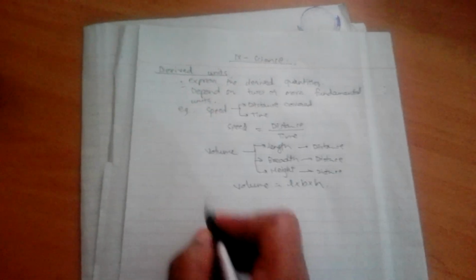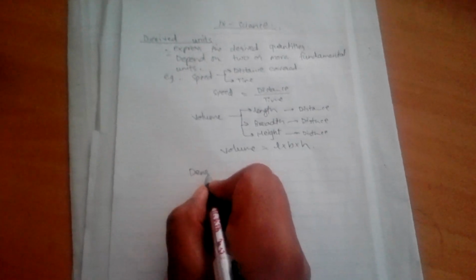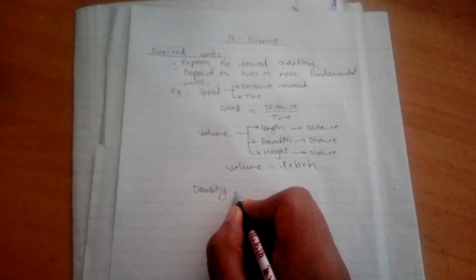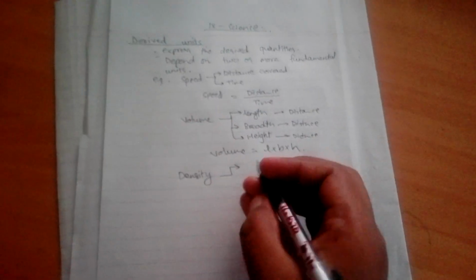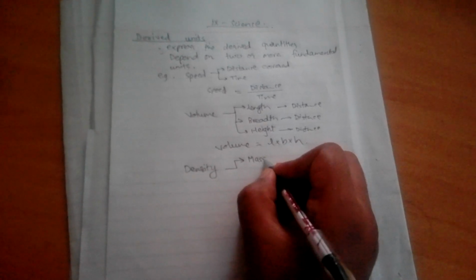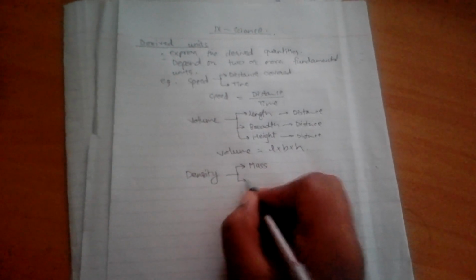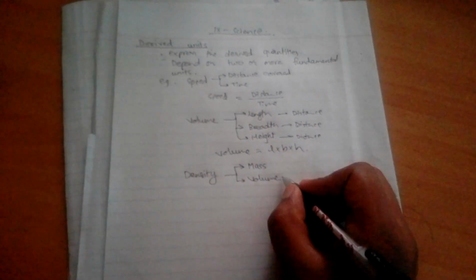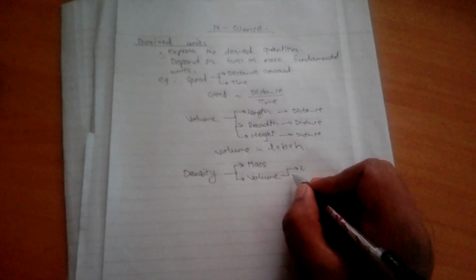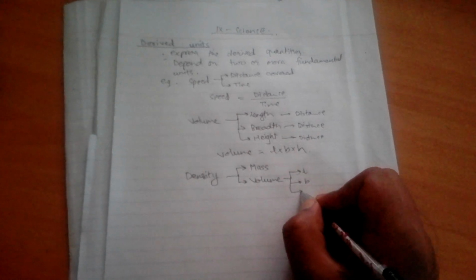Similarly, let's get to another example, density. If you remember, density is defined as mass per unit volume. So to measure density, first you need to find out the mass of an object, and then you need to find out the volume of that object. To measure volume, once again you need to find out length, breadth, and height.